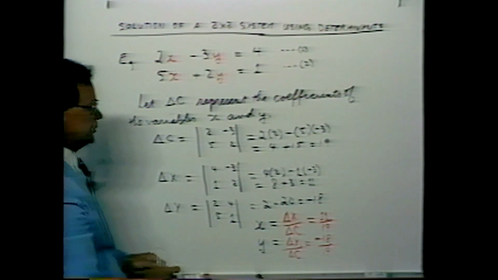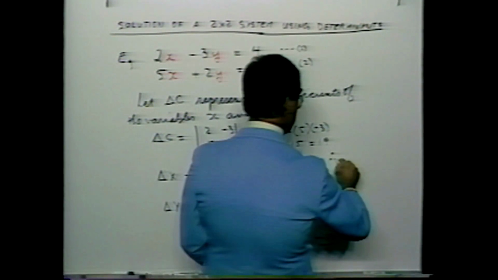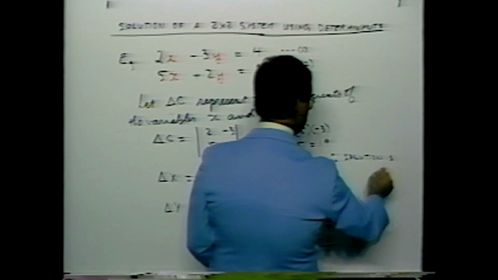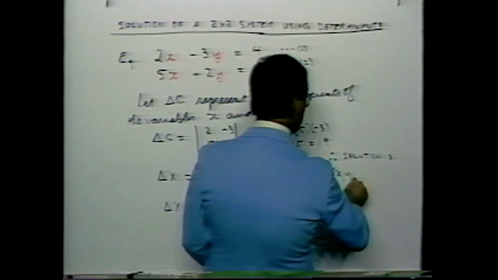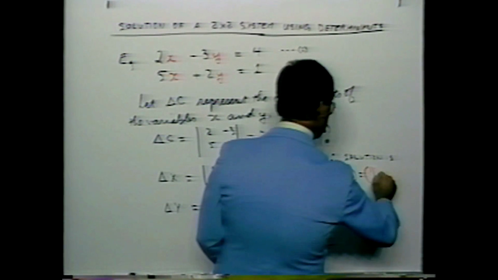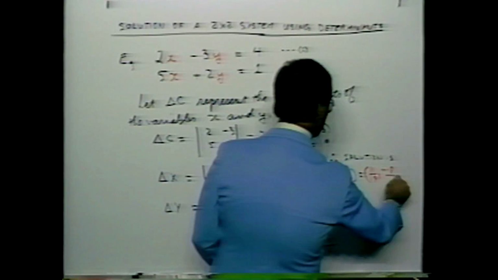The solution to the system, therefore, is x comma y is equal to 11/19 comma negative 18 over 19.